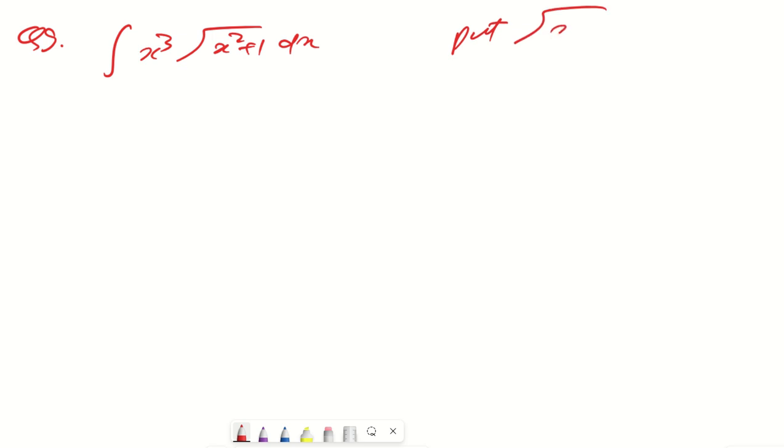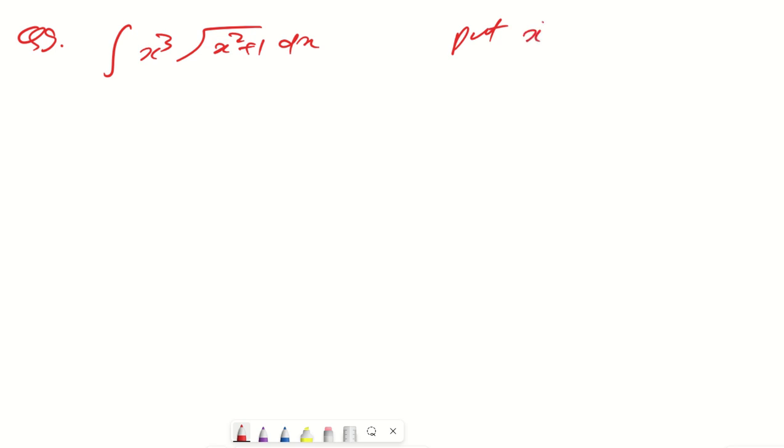So the question is the integration of x cube times the square root of x square plus 1 dx. Now how shall we solve this? Let us use the same method. You can remove that square root so that it will be easy for you.